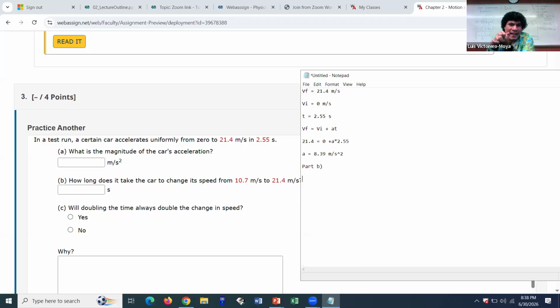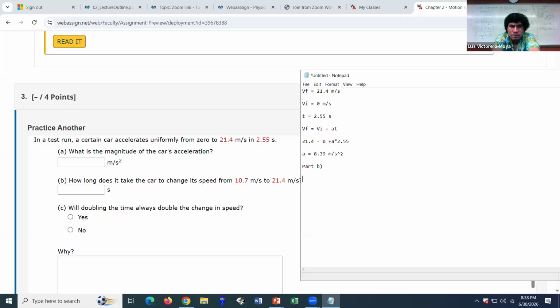For part B, you have to find a time between those two speeds. That's going to be 4.1. No, sorry, 4.20. Yeah, so it's a constant acceleration. So how do you do it?